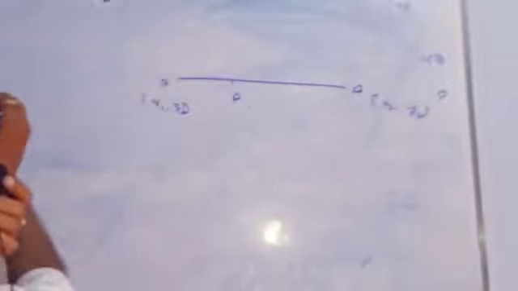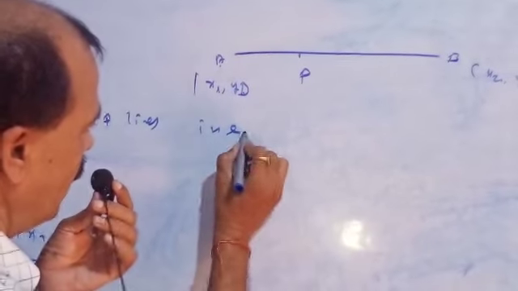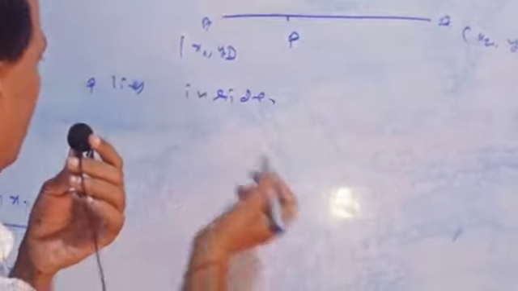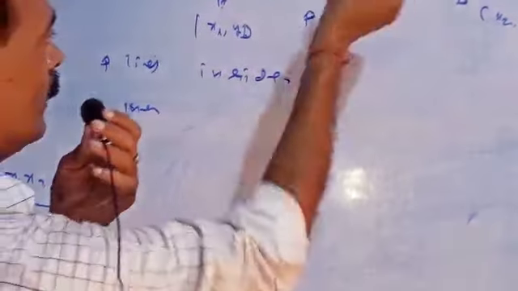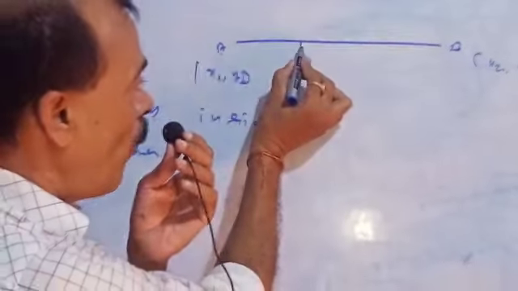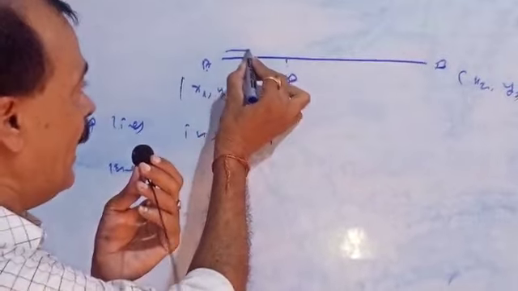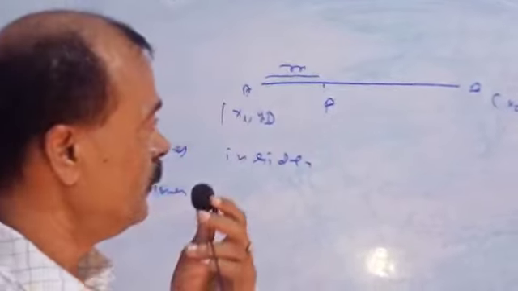When P lies inside, there is a certain distance of P from point A. Suppose its distance is m.